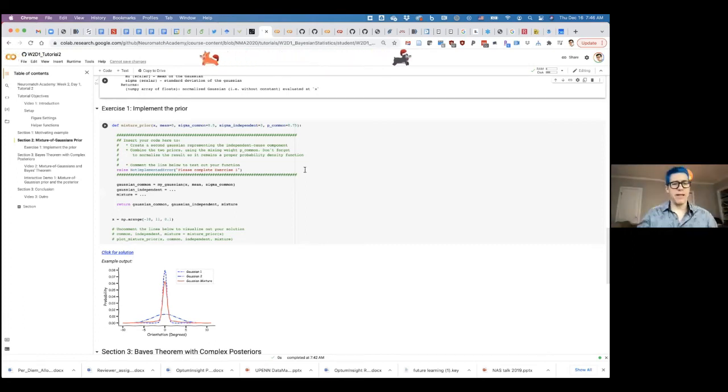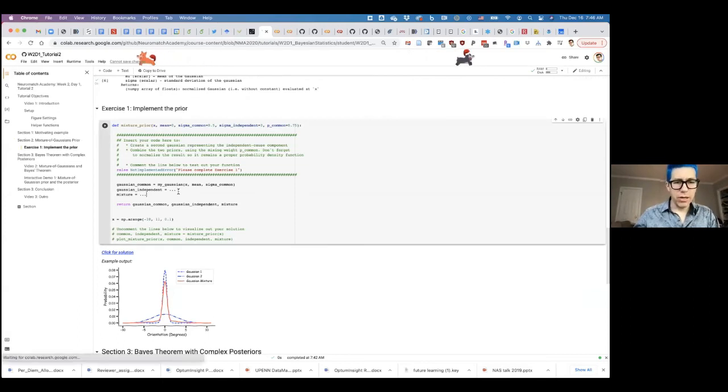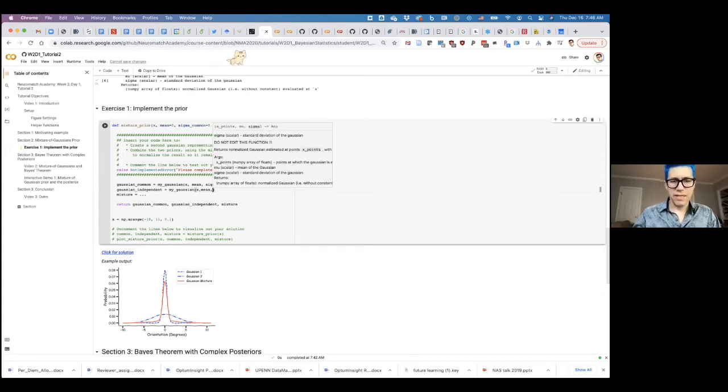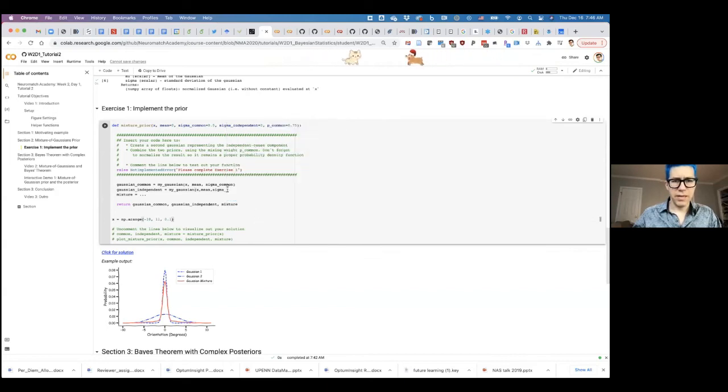Gaussian independent. Okay, so now we need a Gaussian for the independent case. I'll call my Gaussian with x, and the mean is going to be the same mean. We'll have the independent sigma here, what's it called? Sigma independent. Okay, now we need to make a mixture.